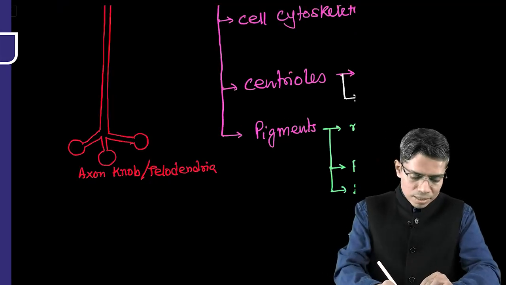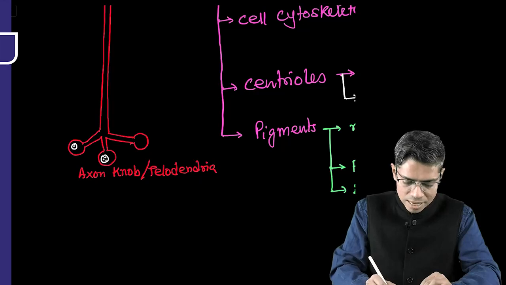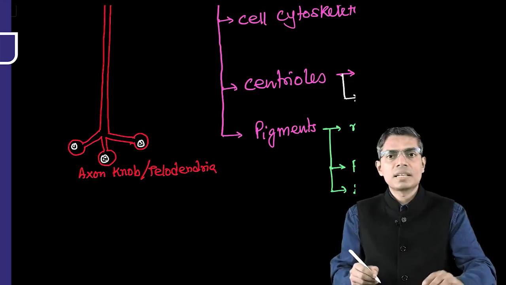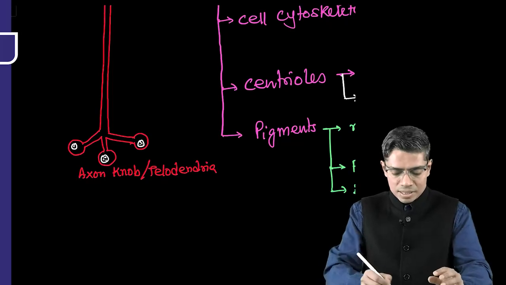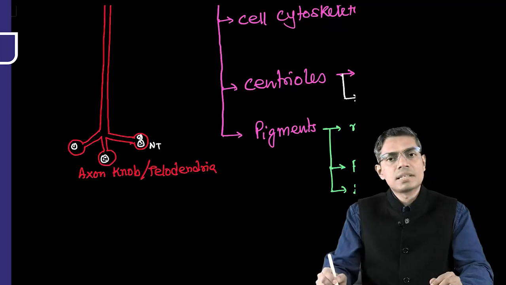And we all know that the telodendria is the region where the vesicles will be present, and inside these vesicles various neurotransmitters will be present according to the type of neuron. It may be acetylcholine, it may be glutamine, whatever. But these are the neurotransmitter-containing vesicles.